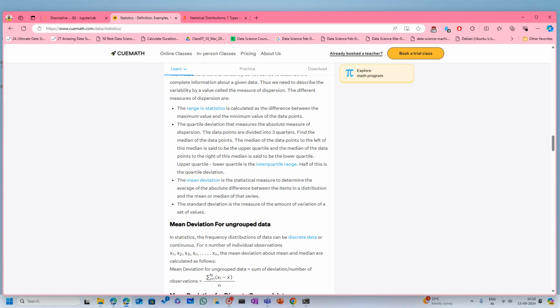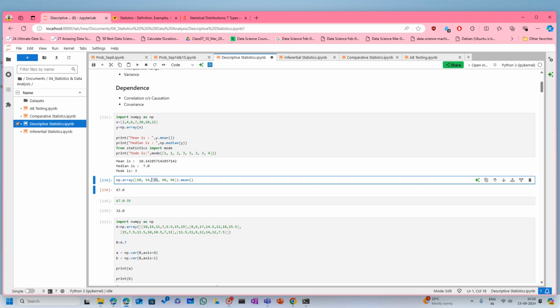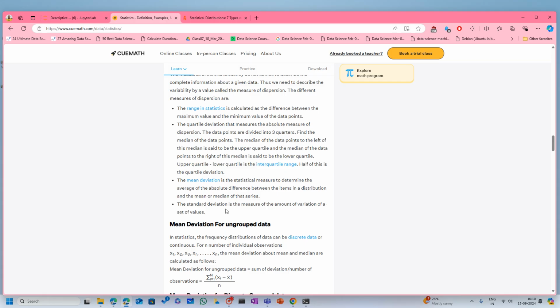And standard deviation is the measure of how much the values are varying, the difference in each one of these values. If you take the square of that standard deviation, you will get the variance.